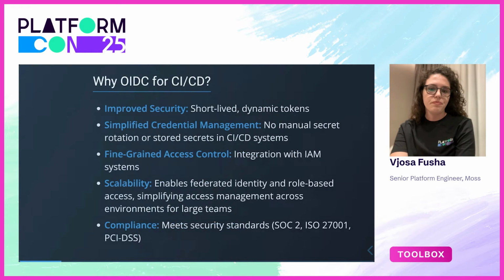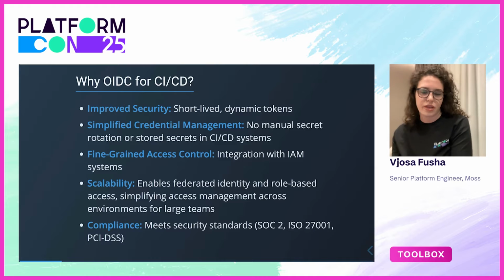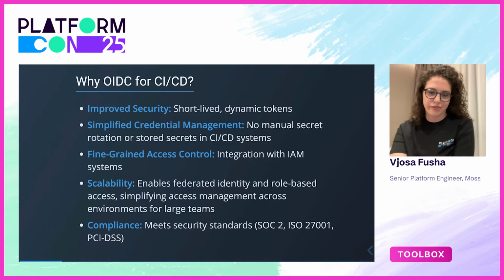Now, why OIDC for CI/CD? OIDC enables CI/CD systems to utilize short-lived, dynamically generated tokens instead of static credentials, reducing the risk of credential leaks or misuse. Also, with OIDC, we don't need to store or rotate secrets manually in our CI/CD pipelines.